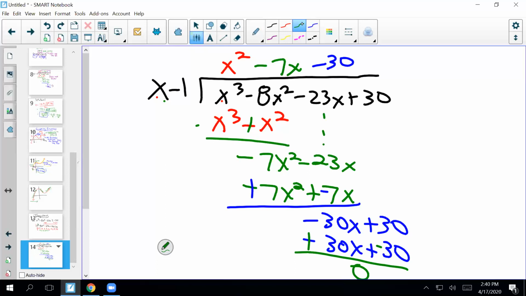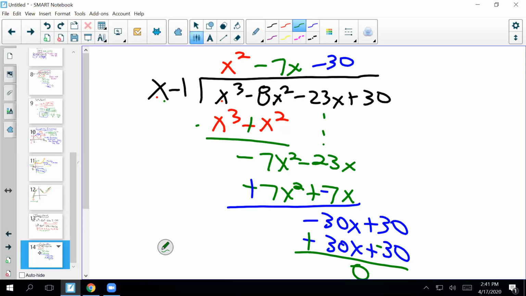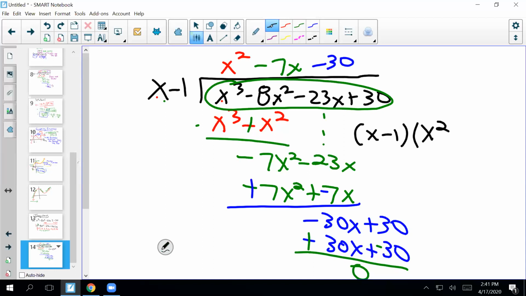Great. So if I go back to the original problem, well, actually, let me not go back to the original problem. Let's factor this over here. So we've now factored this thing as x minus 1 times our answer here on the top, x squared minus 7x minus 30.